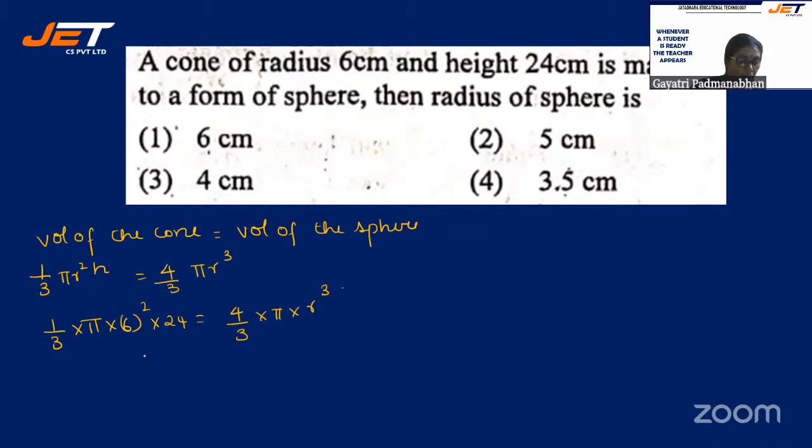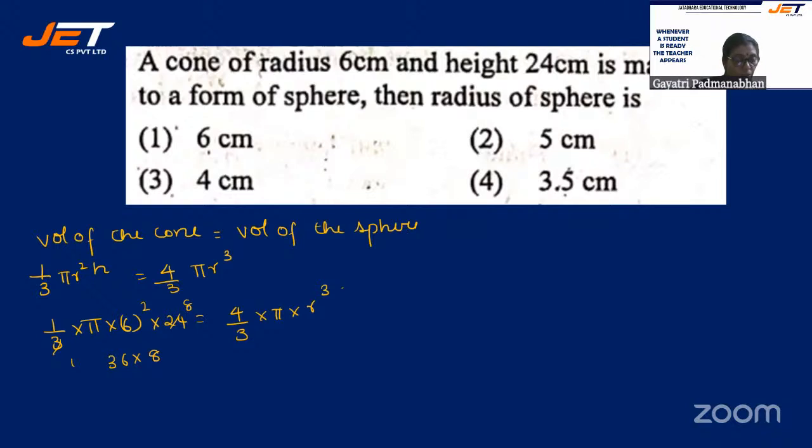So now let us cancel. 3 ones are 3, 3 eights are 24. So 6 sixes are 36 into 8.